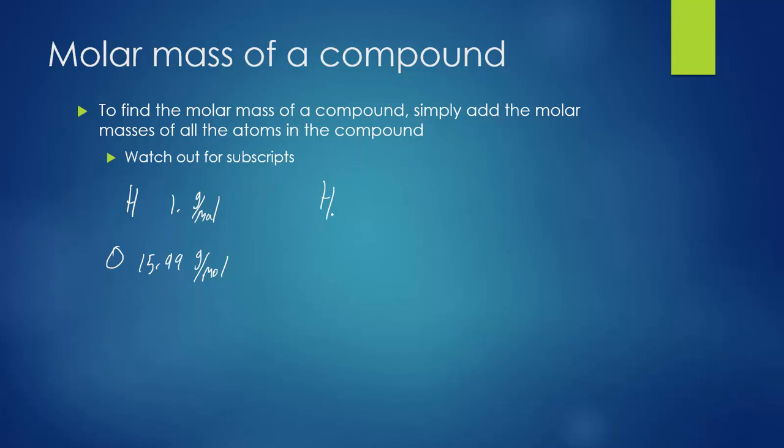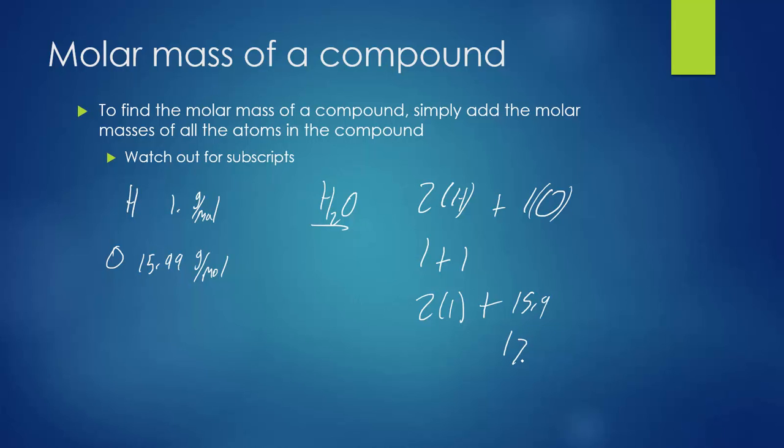So if we make water, H2O, that's 2 hydrogens, because of this 2, plus 1 oxygen, which gets me 2 times 1, plus 15.99. And so we get 17.99, and actually hydrogen's a little bit more than 1, so we usually just call this 18 grams per mole.